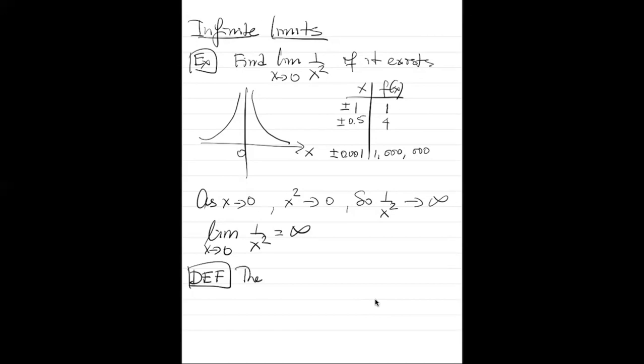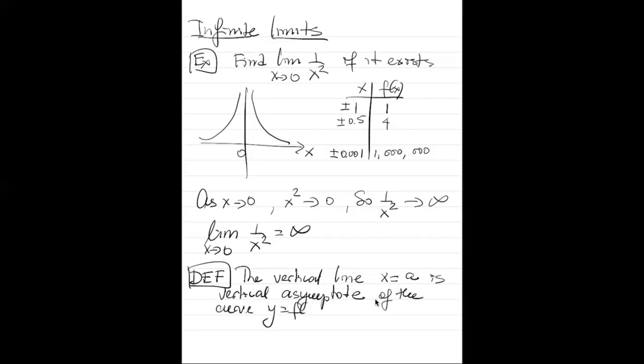We say that the vertical line x equals a is a vertical asymptote of the curve y equals f of x if at least one of the following is true.